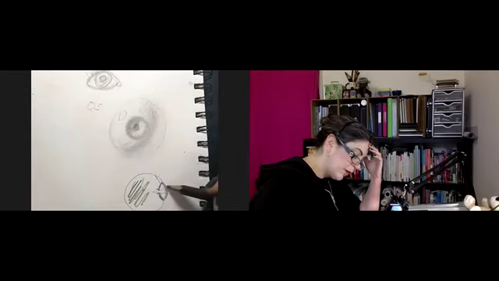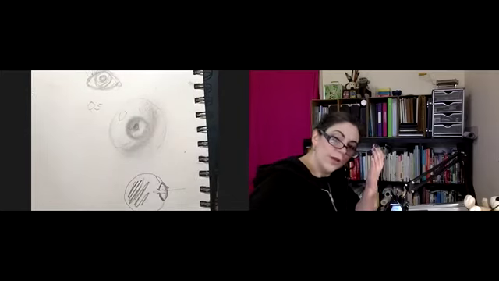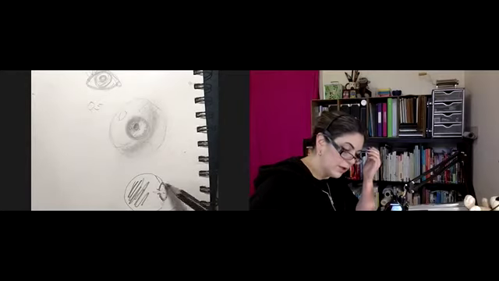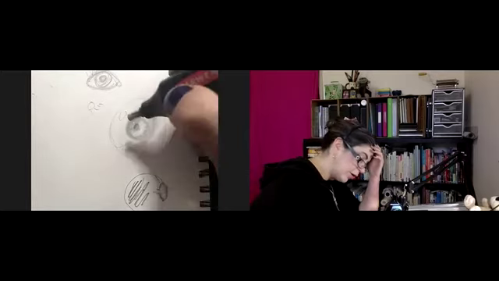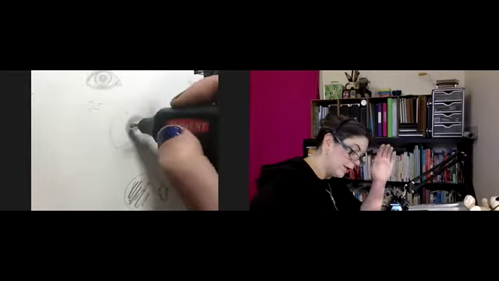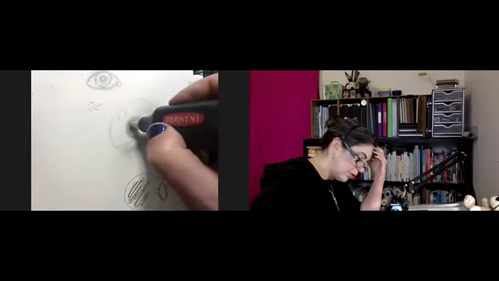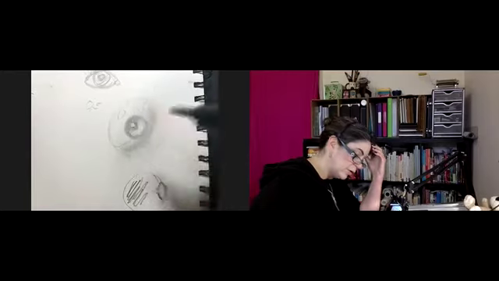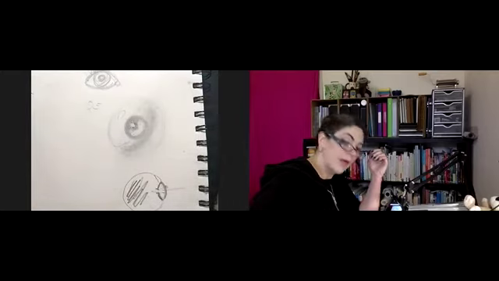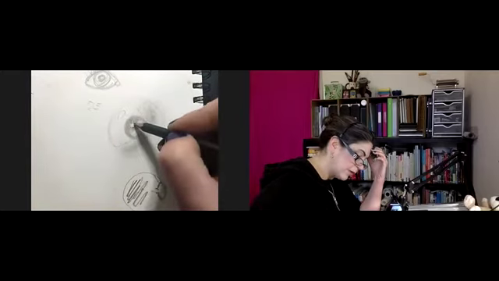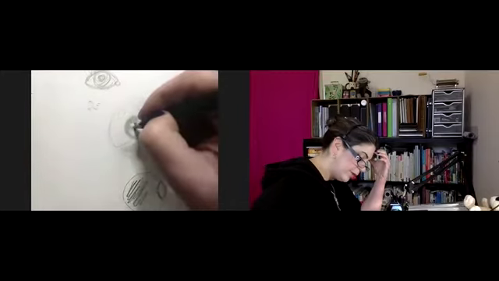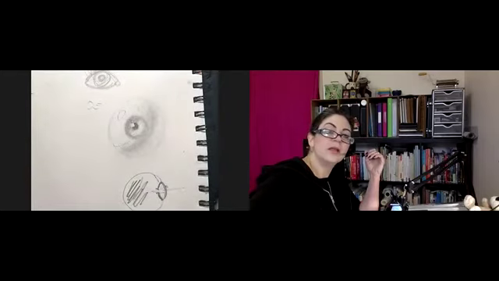But this spot of light that you see on an eye is on the eye. It's not in the eye. The colour is in the eye, marginally, but the spot of light is on the eye. So we go back to it being a convex space, and your spot of light will be there. If I just crisp up the pupil, then you can see that looks like an eyeball.